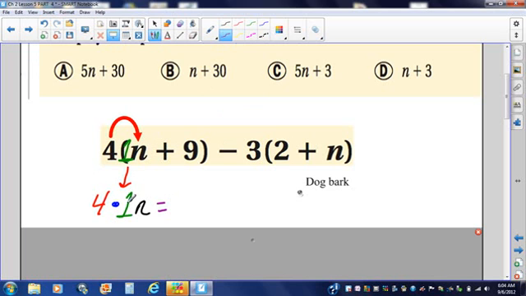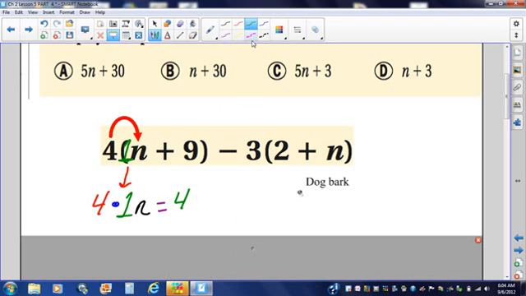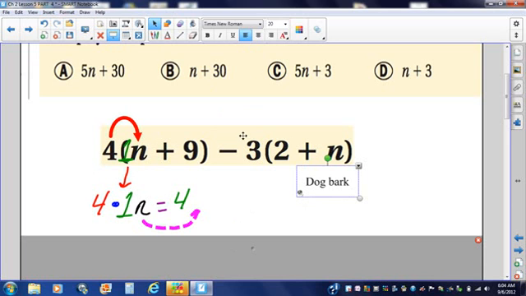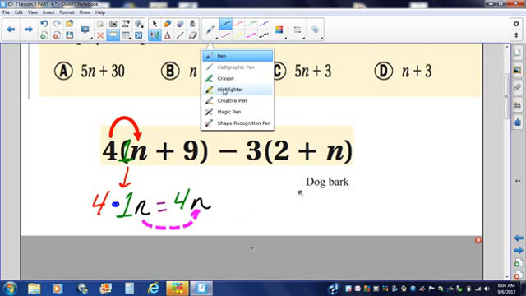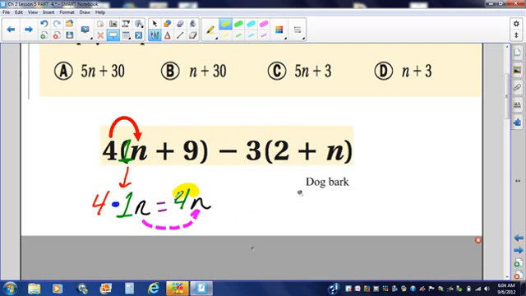I'm going to multiply 4 times 1, and that's going to give me 4. Then remember that the variable, the letter n, is like your dog that follows you everywhere you go. So the n comes over here. So we have 4n. And I'm going to highlight that so we can refer back to it later.